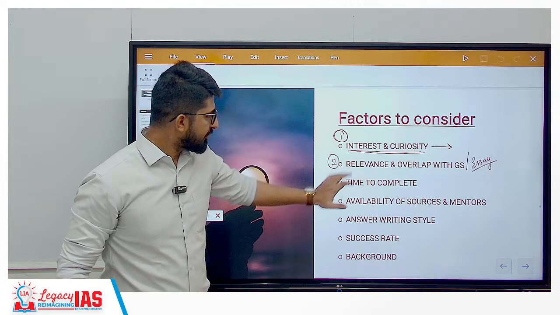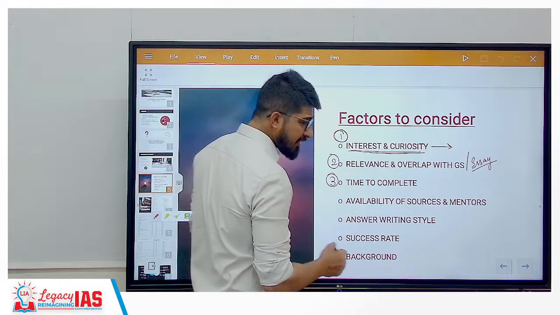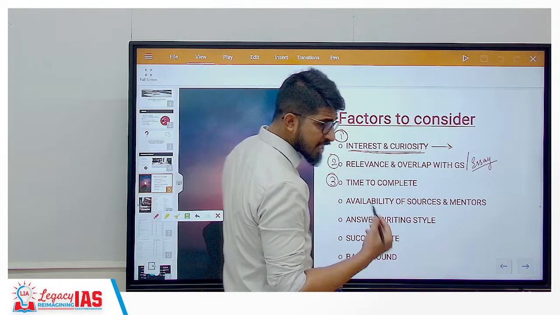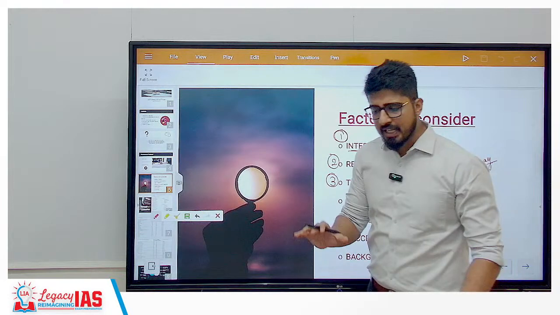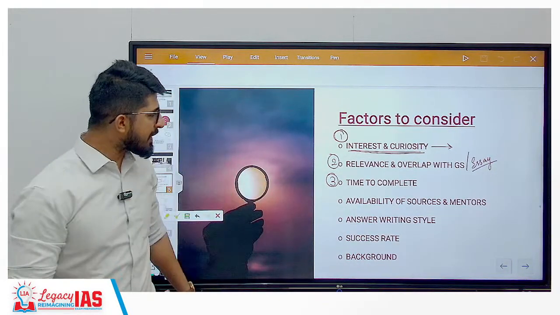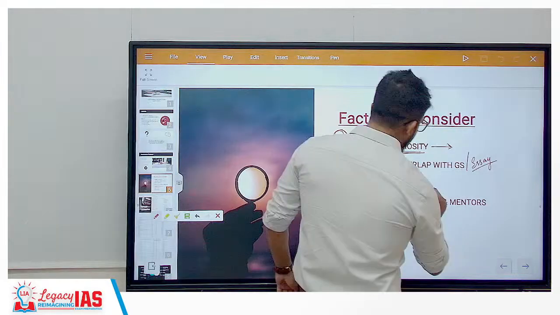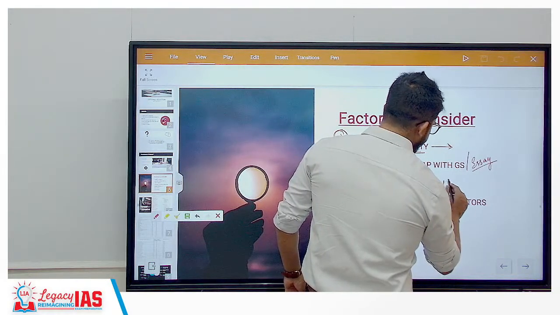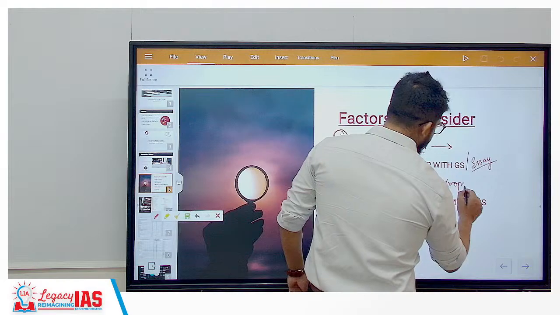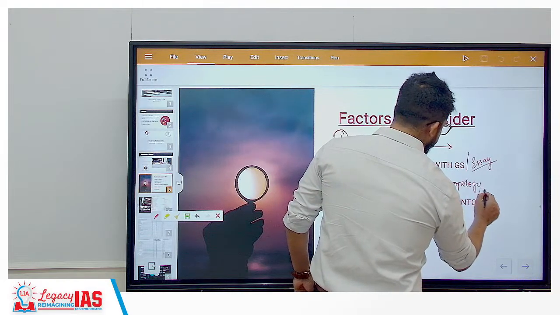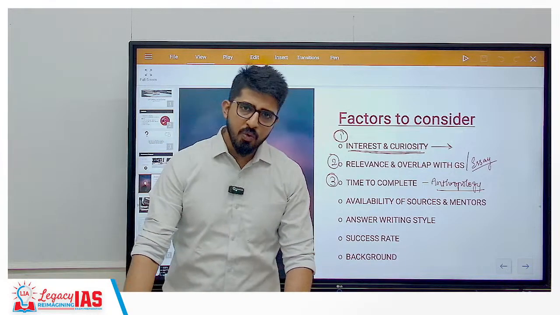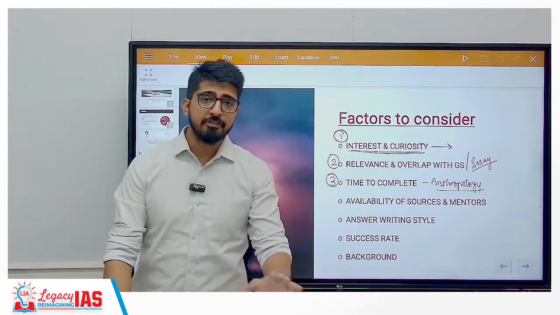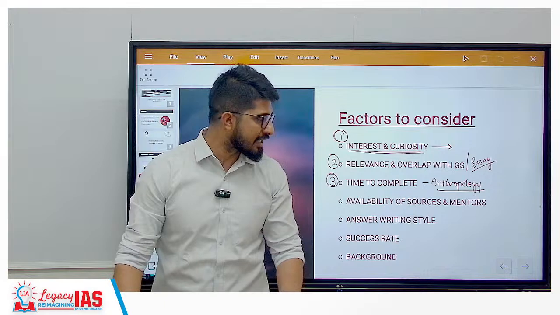Thirdly, time to complete an optional. As far as I see it, every other optional takes almost the same amount of time to complete. However, some people do claim that anthropology is a subject which takes a lesser amount of time compared to other optionals. However, I would beg to differ with them for a reason.